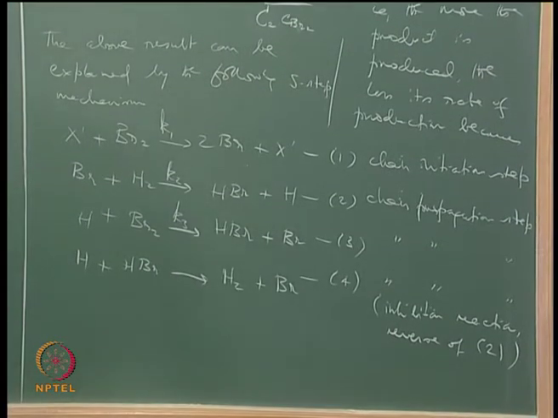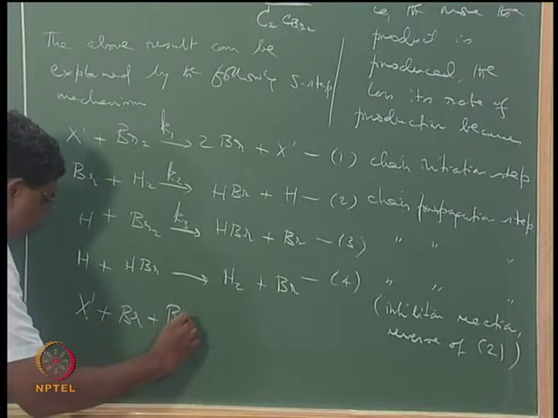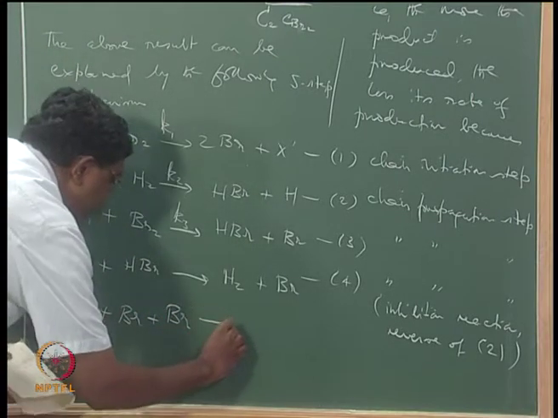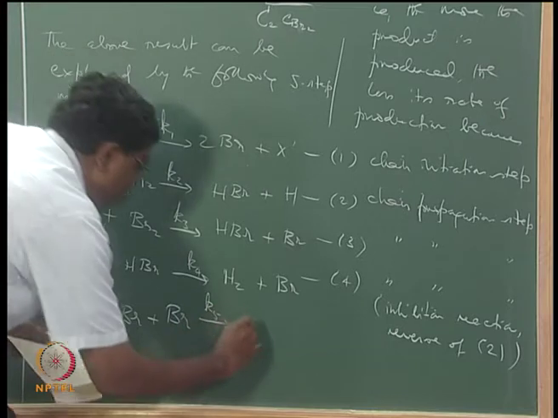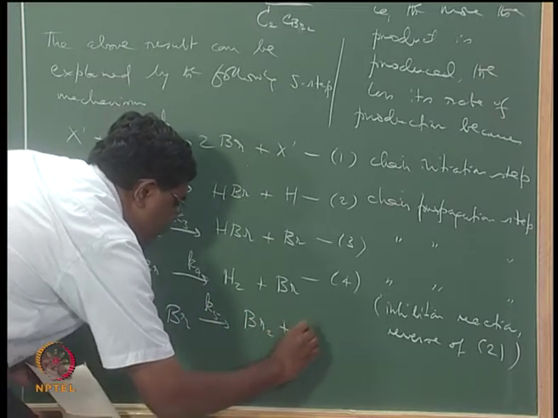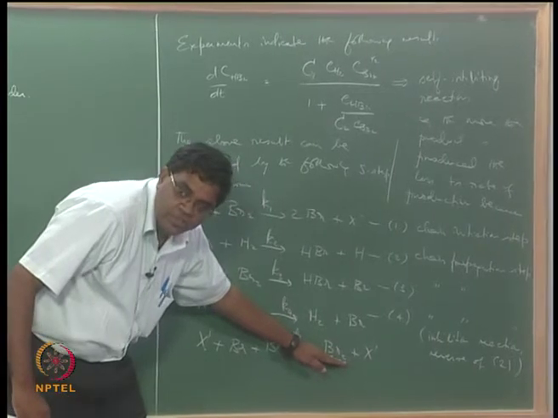and finally we now have X prime plus Br plus Br gives, of course the previous reaction had a rate constant K4 and this is a rate constant K5, Br2 plus X prime. Okay, now what's going on here, we are starting with an intermediate, 2 intermediates as a matter of fact, and then producing a stable species.